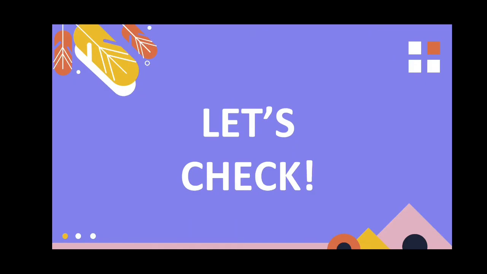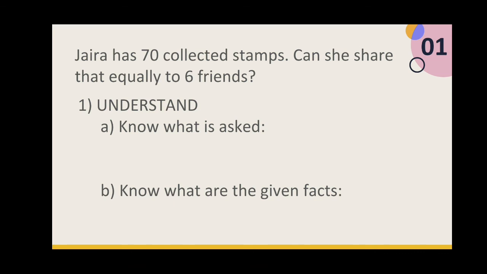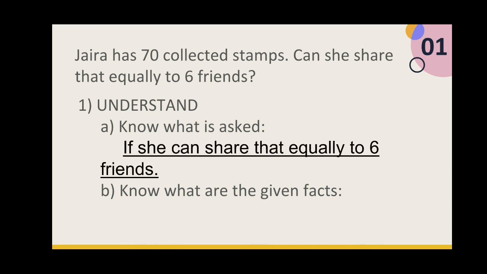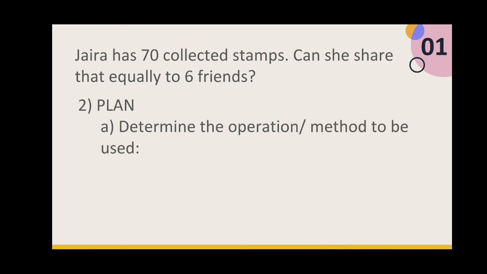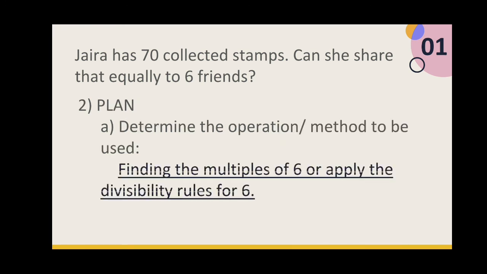Let's check your answers. For problem number 1, the first step is understand, and the first thing we need to identify here is what is asked. So the question is if she can share that equally with 6 friends. And the given facts are 70 collected stamps and 6 friends. For step 2, we need to find the multiples of 6, or we could apply the divisibility rules for 6.